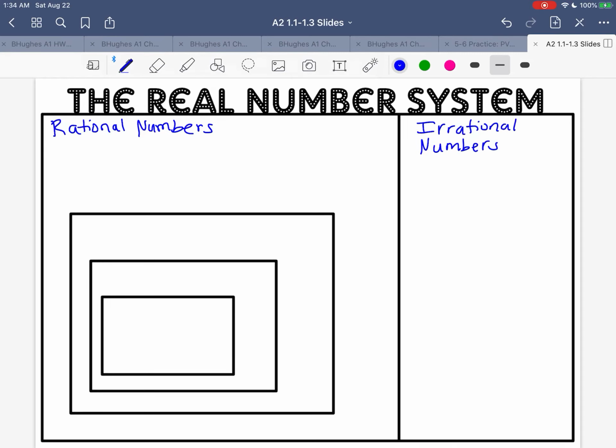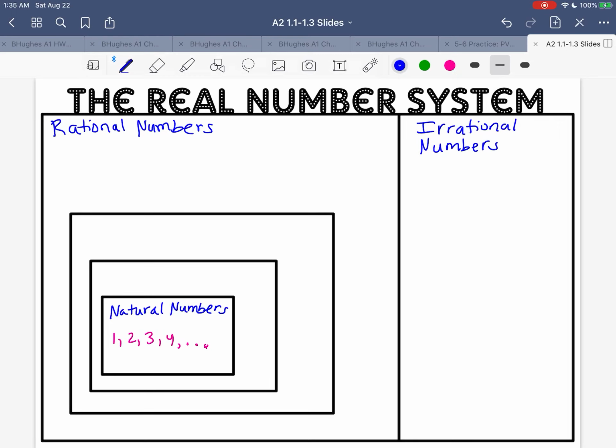So in the rational category, we have some more layers building all the way down to the most basic, okay? So the most basic is the natural numbers, and those again are your counting numbers, 1, 2, 3, and 4.